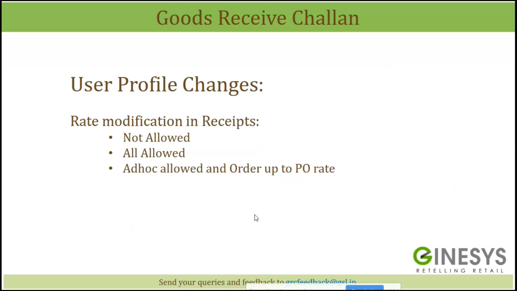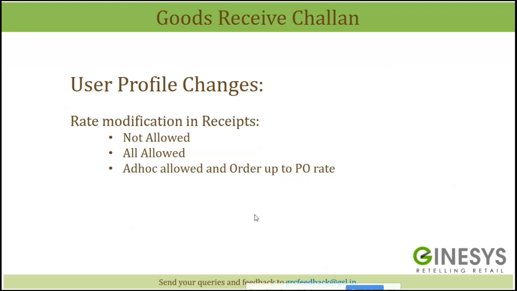For example, the item has been ordered at the rate of 100. With this third option, the operator won't be able to increase the receipt rate to 101 or 110. Means he can't go past the order rate of 100. He can reduce the purchase rate if he has received anything as such, that he can reduce it from 100 to 90 or 95 or 99, but he cannot go past the order rate, that is 100.